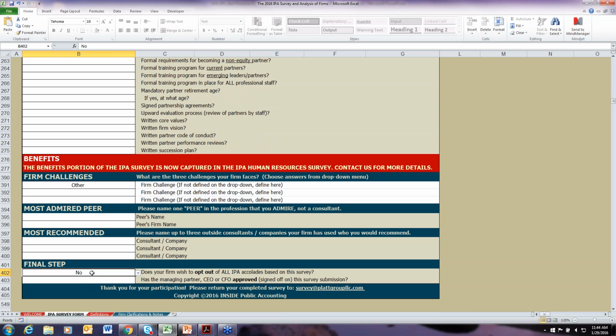Row 402. IPA uses the results of this survey to identify firms for accolades such as best of the best, and the IPA 100, 200, and 300 firm rankings. Most firms would like to be considered for these accolades, but if for some reason you don't want your firm to receive the recognition from IPA, you may select yes here and opt out of accolades.